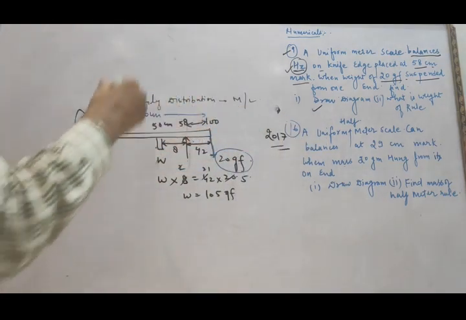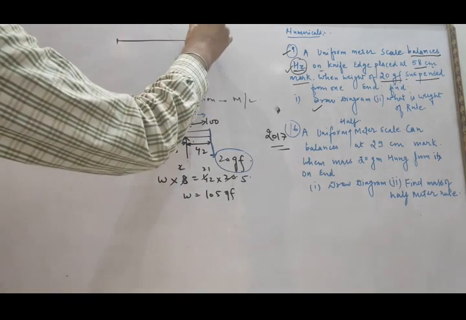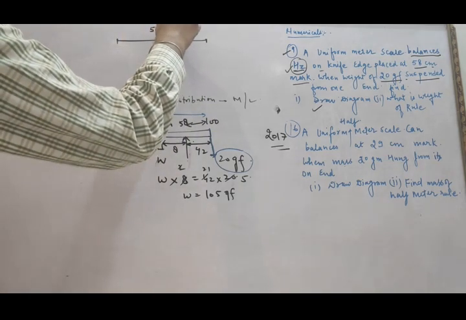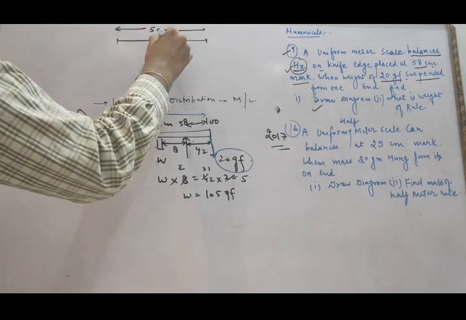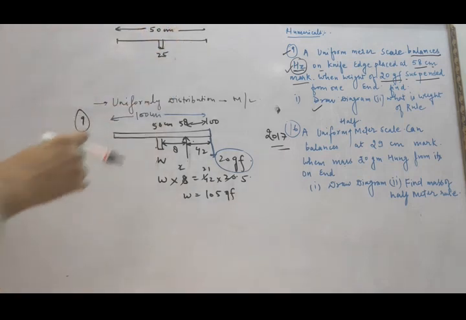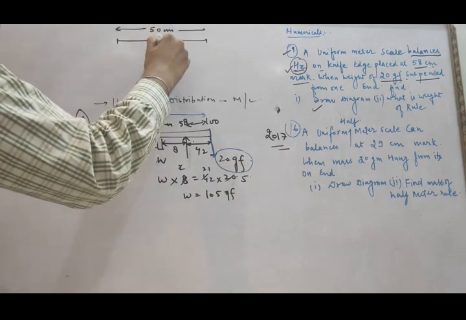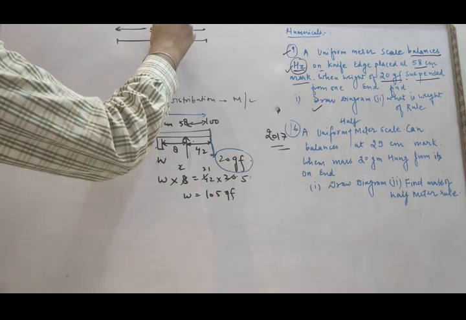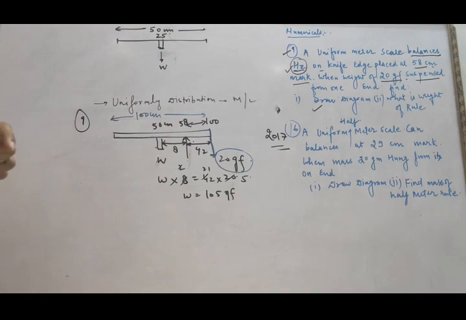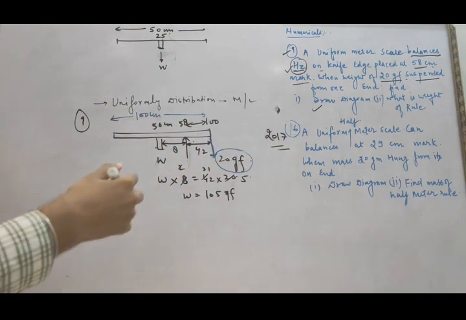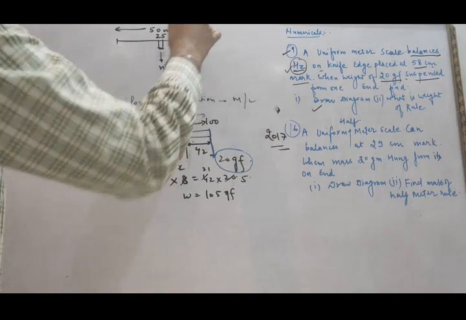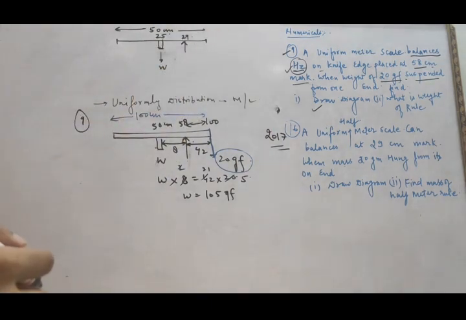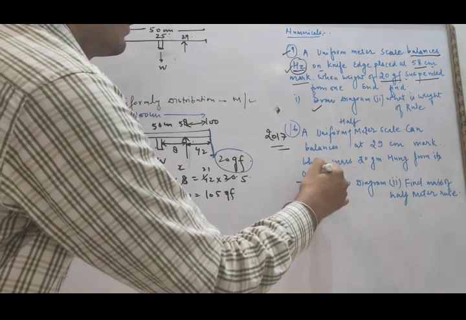A uniform half meter scale. Suppose this is a half meter scale. So definitely the overall weight is exerted at 25 centimeter. We will write it in this manner, 25. It can balance at the 29 centimeter mark when a mass of 20 gram is hung from its one end.